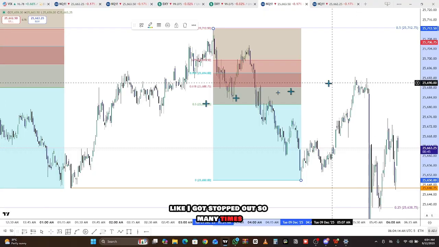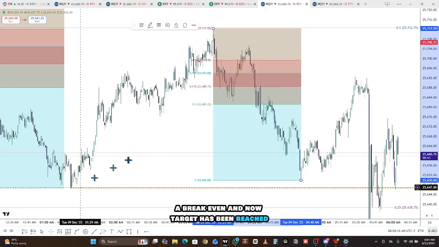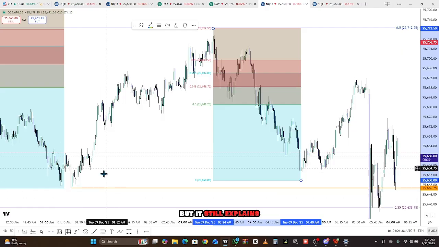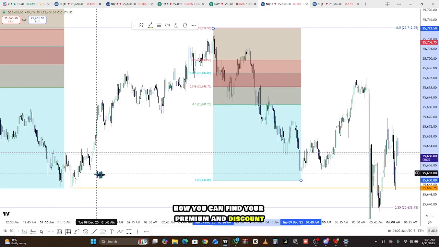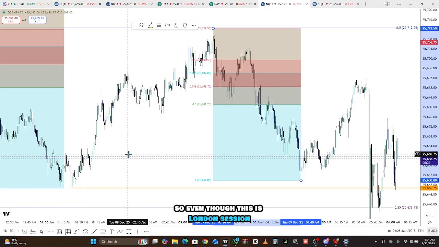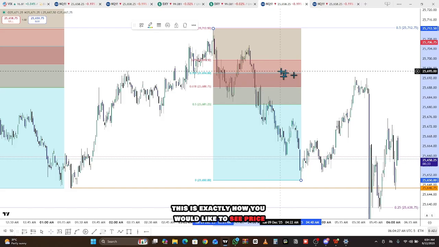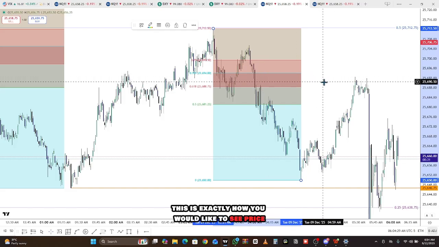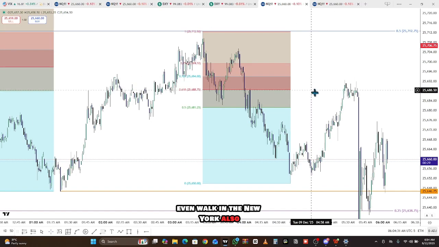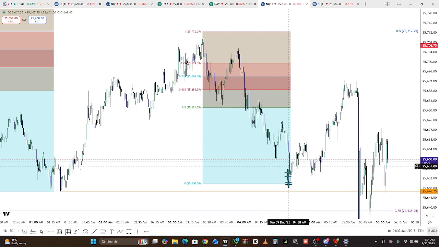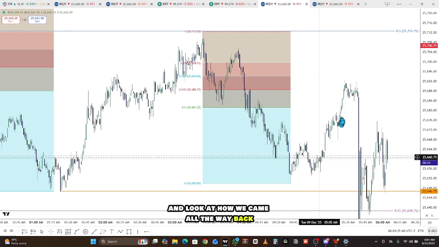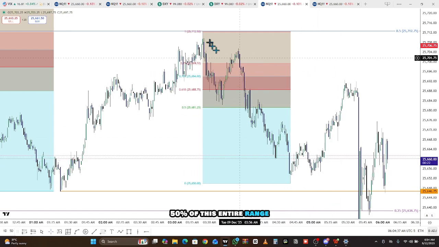Like, I got stopped out so many times at break even, and now target has been reached. But it still explains how you can find your premium and discount. So even though this is London session, this is exactly how you would like to see price work in New York also.